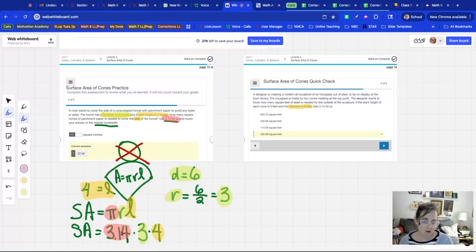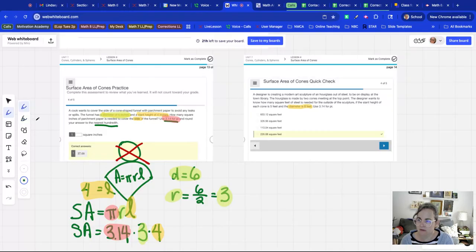Okay, and now all I have to do, guys, is multiply this in a calculator. Okay, so 3.14 times 3 times 4. I'm getting this. They said to round to the nearest hundredth. Done and done. It's already there. Okay, the 8 is in the hundredths place. And that's exactly the answer I was supposed to get.